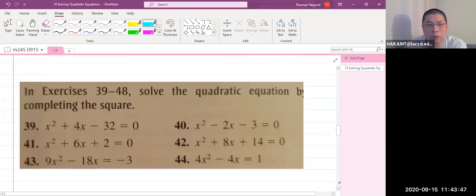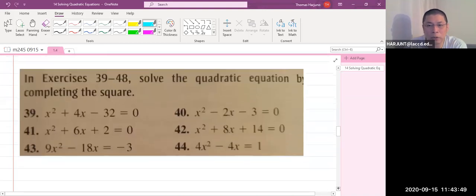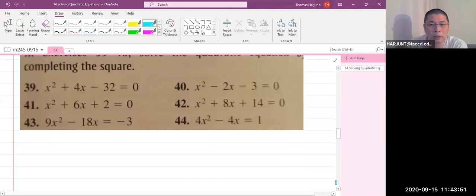Go on further. How about completing the square? Theory, just to remind us. Now, a perfect square, x plus a being squared, is equal to x squared plus 2ax plus a squared.